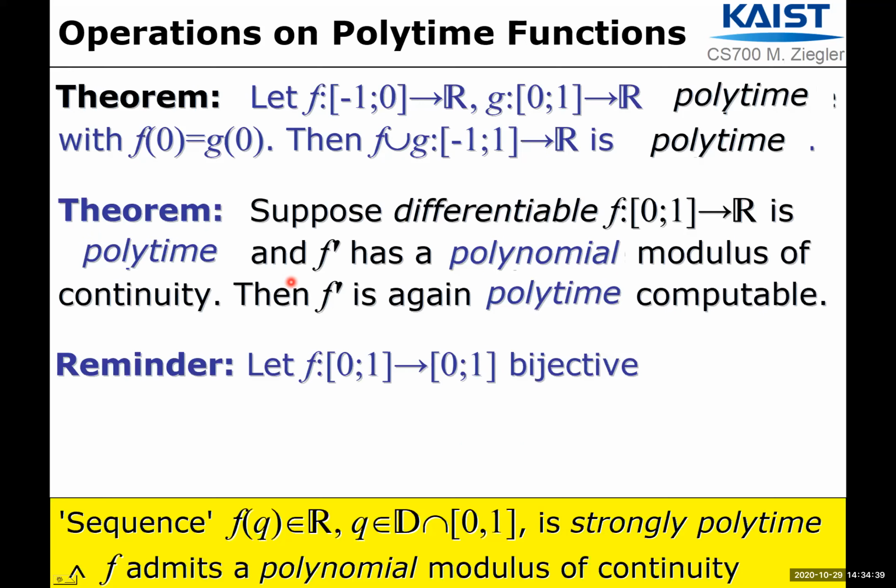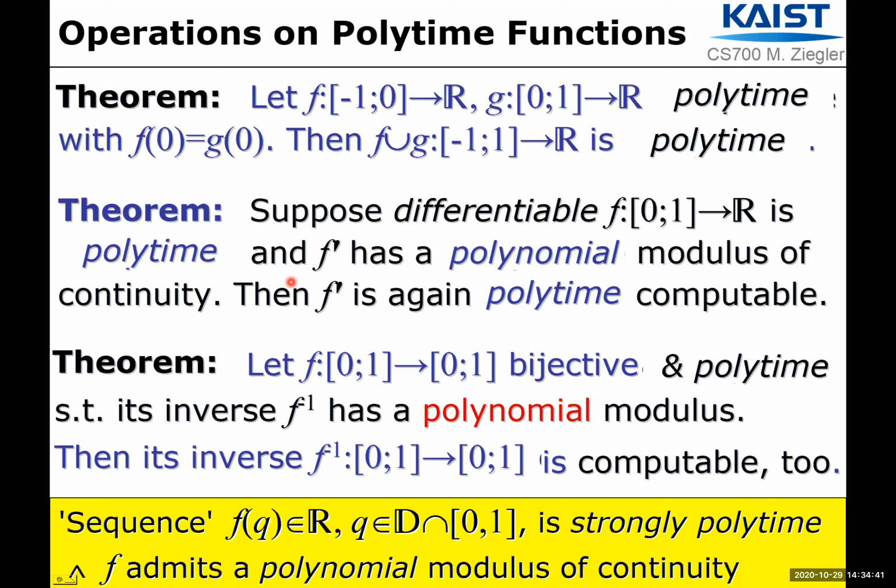So let me skip the rest of the slide about the aspects that we already discussed, namely about operators that map polynomial time computable functions to polynomial time computable functions. The first operator we discussed is the join operator, the gluing operator.